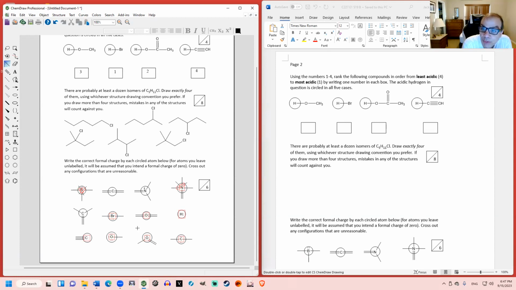And then minus the number of electrons in non-bonding lone pairs, which is 4. 5 minus 4 is 1. So this atom will have a formal charge of +1. You don't see bromine like that very often, but it is allowed. Bromine would much rather have a minus charge than a plus charge and be a bromide ion.